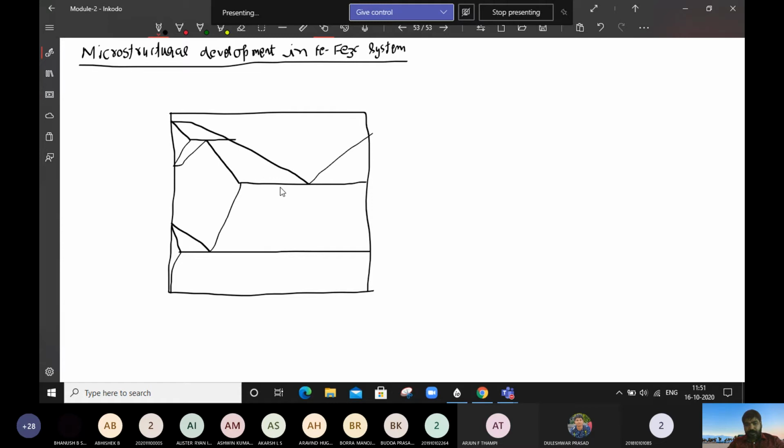Okay, so this is what the iron carbon diagram is.